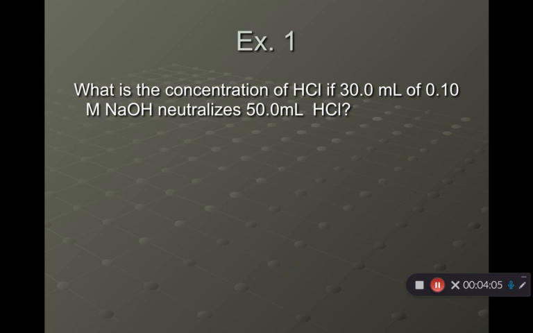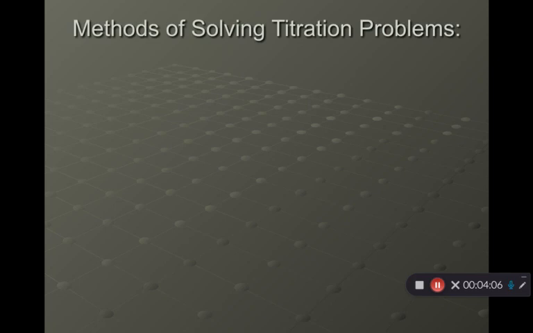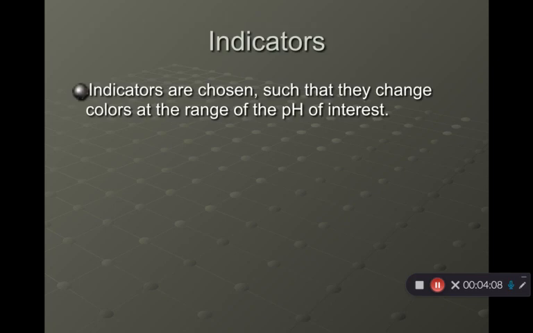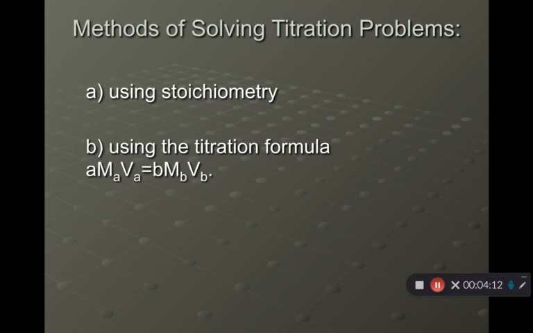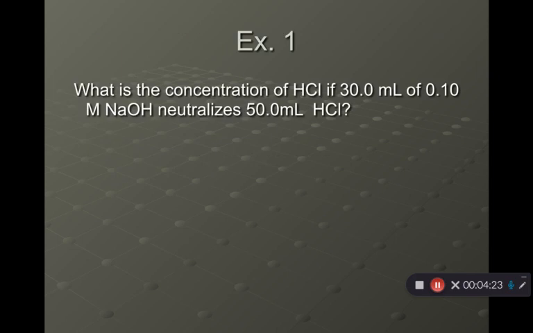So your a and your b, if we go back to this equation, your a is just 1 because you just have one H, and your b is just 1 because you have one OH. So you plug in the 30 mL and the 0.10 on the base side.